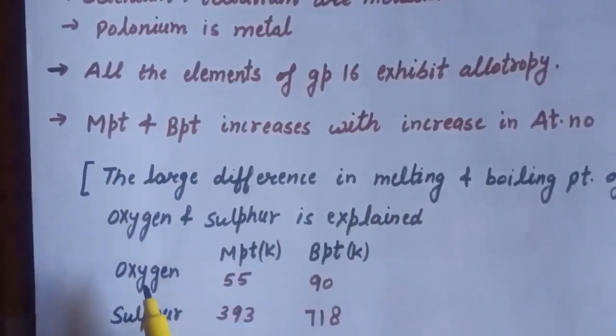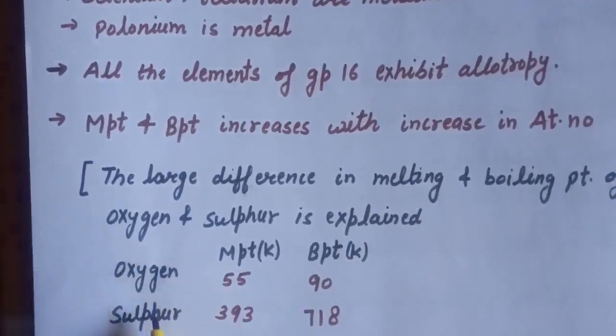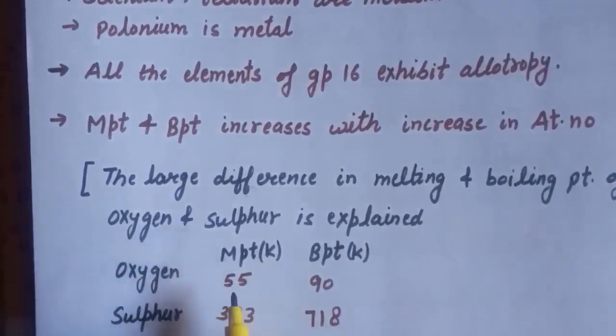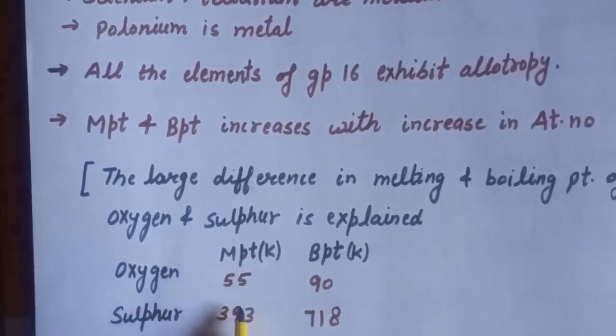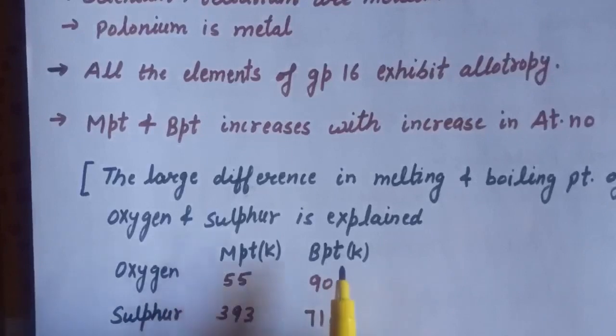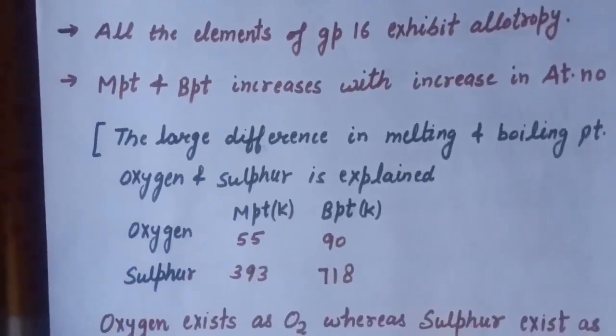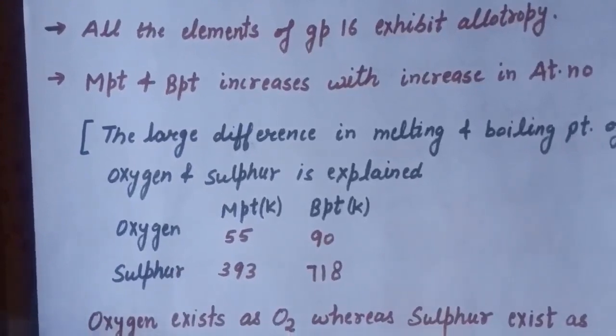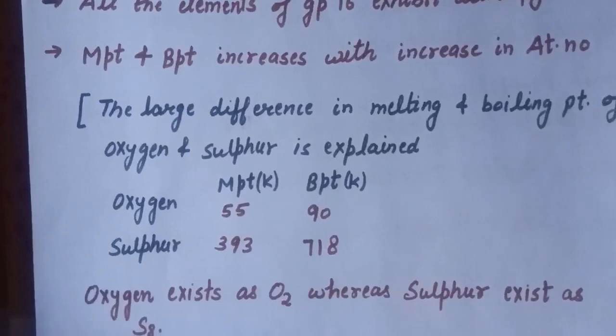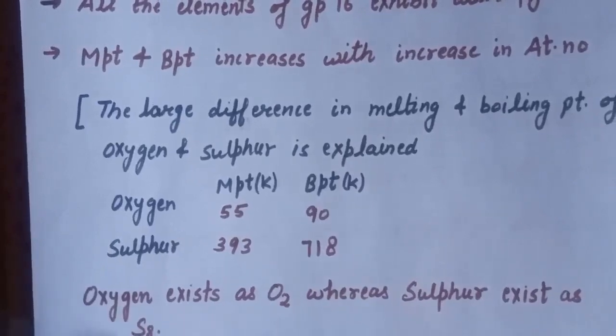When we compare the melting point of oxygen and sulfur, the melting point of oxygen is 55 and for sulfur it is 393. So there is a large difference in the melting point, and similarly we have a large difference in the boiling point. The reason is that oxygen exists as O2, whereas sulfur exists as S8 molecule.